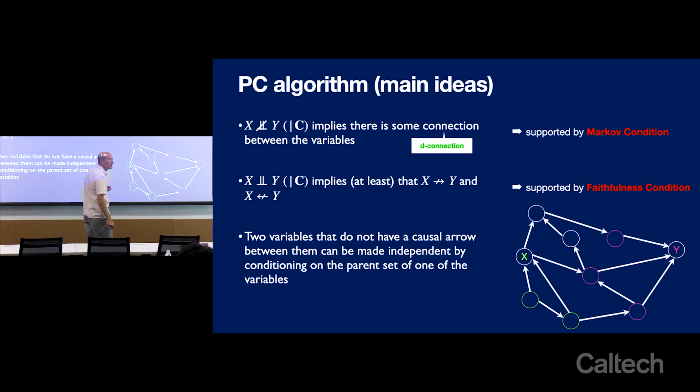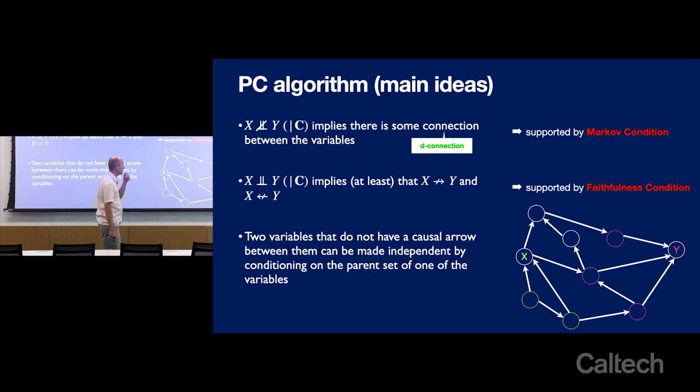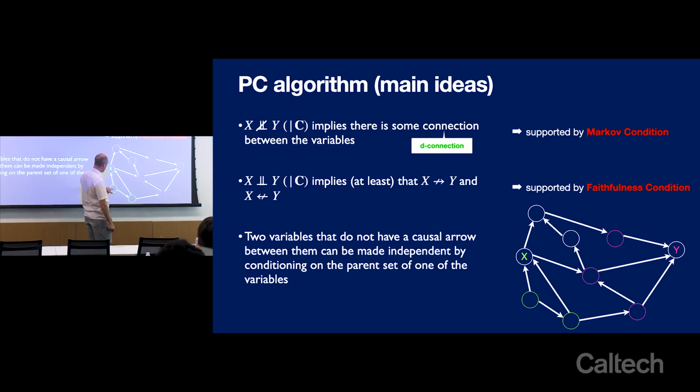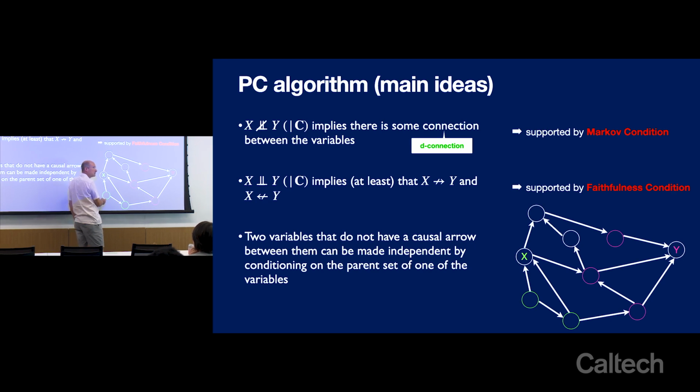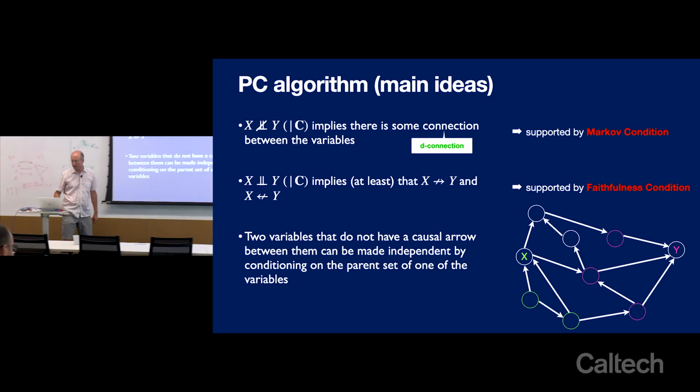That's fine. So suppose this green one also had an arrow to y, then I would have to color this one green and magenta, right? But that would be fine, because conditional on this with the other parents, they would be independent.